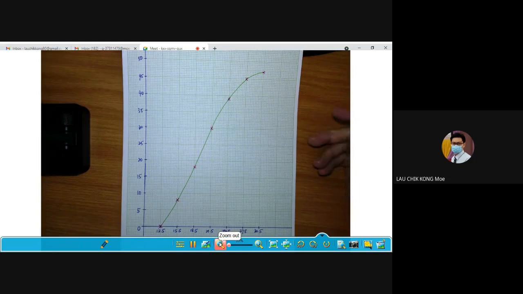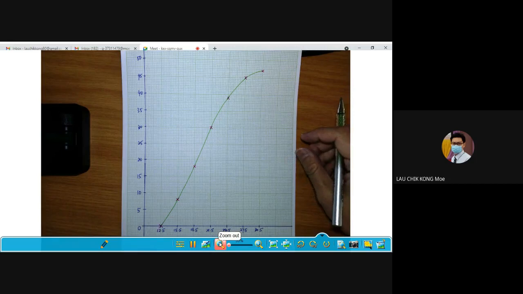Cumulative frequency against the upper boundary.